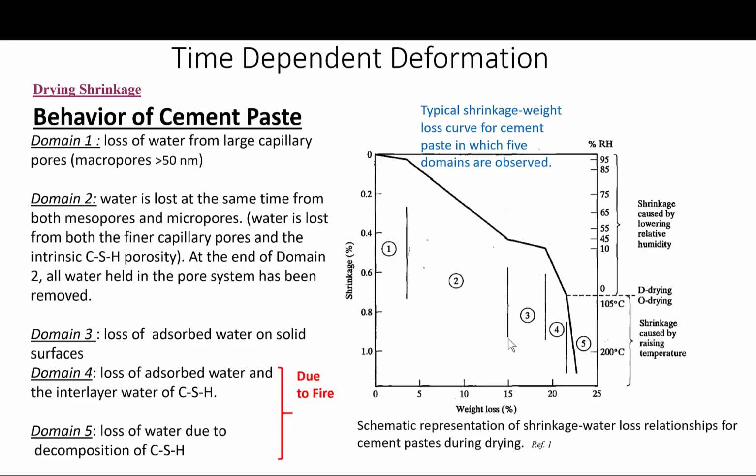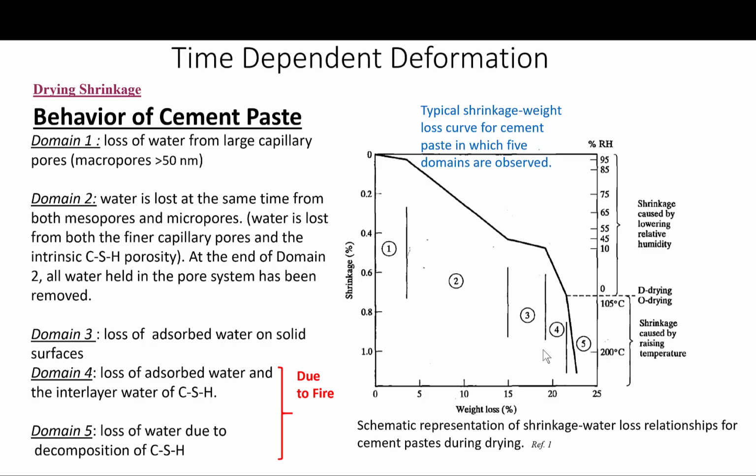During domains 3 and 4, water adsorbed on the solid surfaces is removed. In domain 4 also, the interlayer water of the calcium silicate hydrate is removed. So all of this water can be removed at room temperature, evaporable water, or more likely around 105 Celsius, about 221 degrees Fahrenheit.